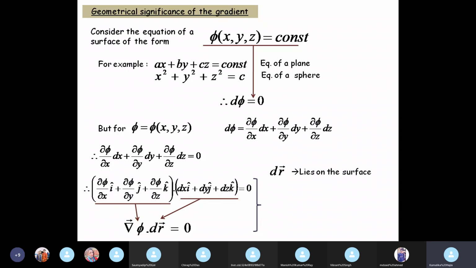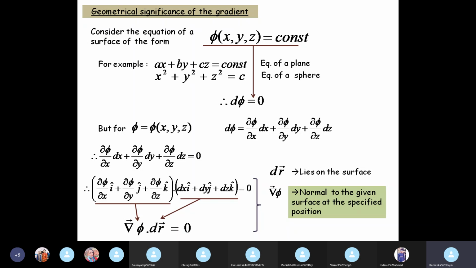Now dr is a vector which will always lie on the surface. Since r is a position vector, therefore dr will be a vector which will always lie on the surface. And dot product of two vectors equal to 0 means the angle between them is 90 degrees.